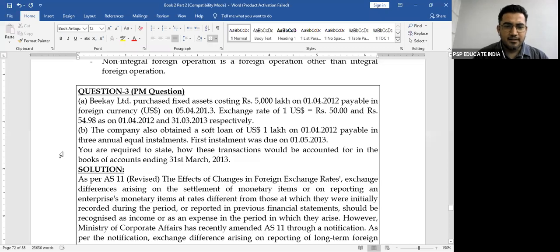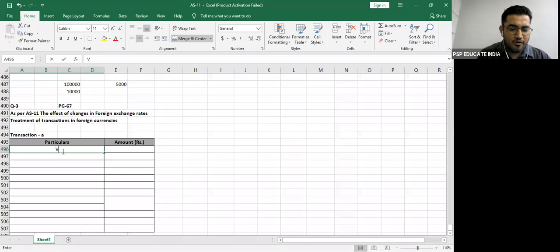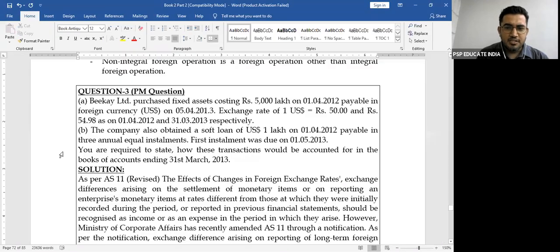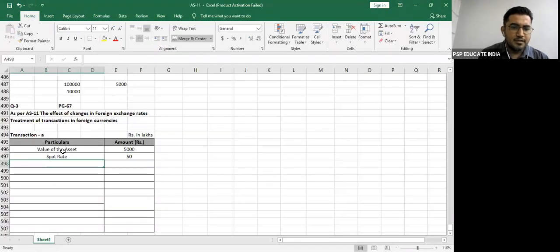Please understand. The value of the asset is 5,000 rupees in lakhs. Spot rate. What's your spot rate in the question? Spot rate is 50. Tell me, will you multiply or divide in this case?